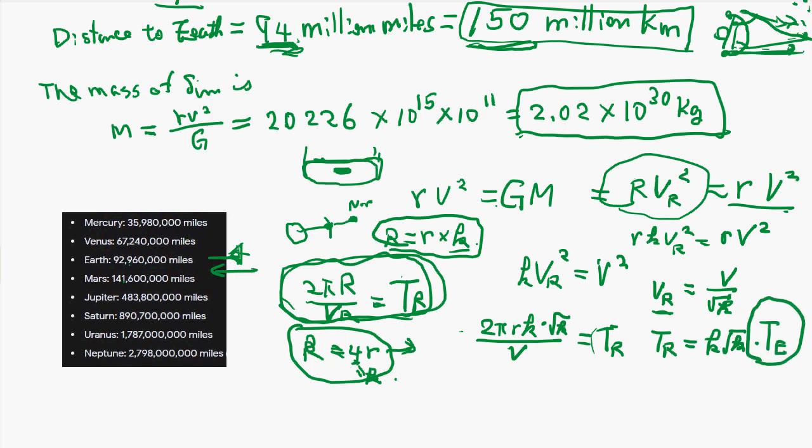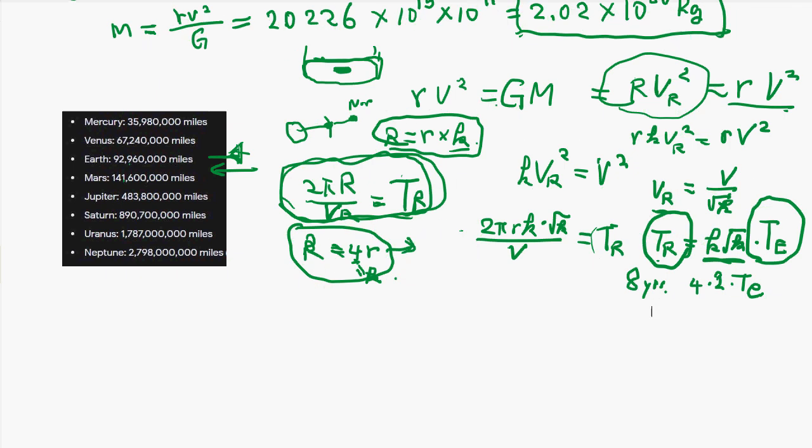So you compare with Earth 1 year is simply multiply k and the square root of k. If k is 4, then it's going to be 4 times 2, to T Earth. So 8 years. This guy takes 8 years. Okay, so a planet takes 8 years if the radius is 4 times larger.